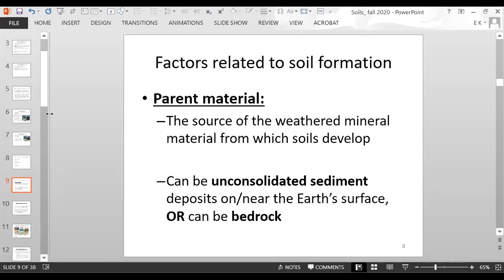The parent material could either be unconsolidated sediment deposits that are at or near the Earth's surface. When I say near the surface, I mean just under the surface. Or the parent material could be bedrock, hard, solid bedrock.